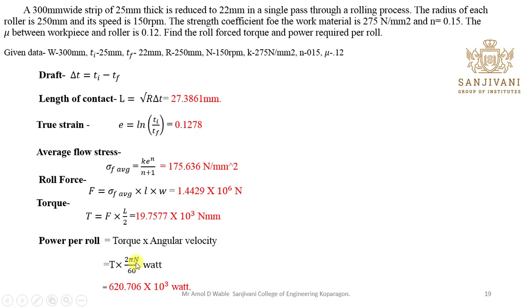Here we know the value of N, so torque into 2 pi N upon 60. Just put the value of N, torque we have found. So the power value will be in watts, so it will be 620.706.